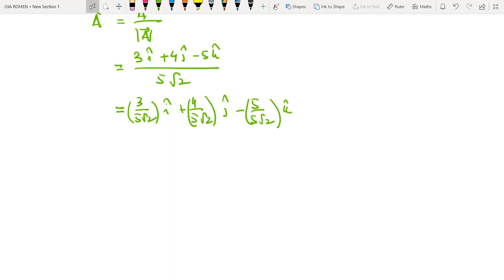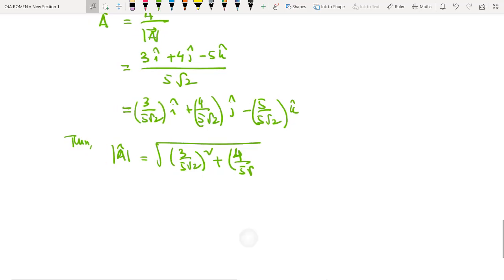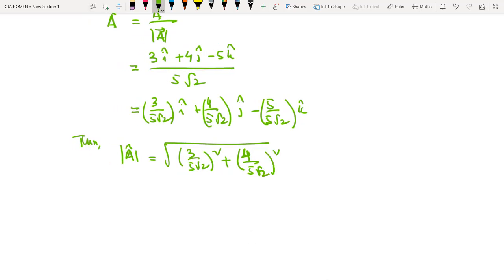Now let us see whether the magnitude of this unit vector is 1 or not. So the magnitude of this unit vector is, so this is 1, so it becomes a unit vector.